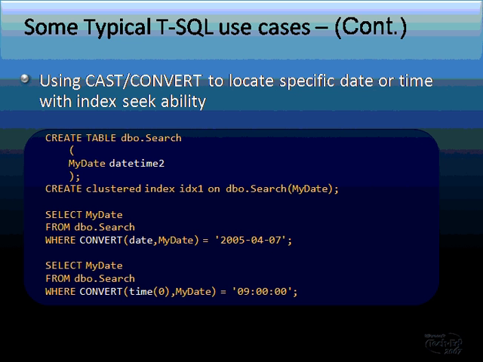So you use this CONVERT function, you convert that to date. However, because it's the index column, you worry that if you call CONVERT, you lose the index seek ability. As I said earlier, if you call CAST and CONVERT on date and time types, you will still get an index seek plan rather than a table scan. So this is very useful for datetime operations, and we really tried to reduce the performance impact for you if you want to call CAST and CONVERT on the new datetime types.